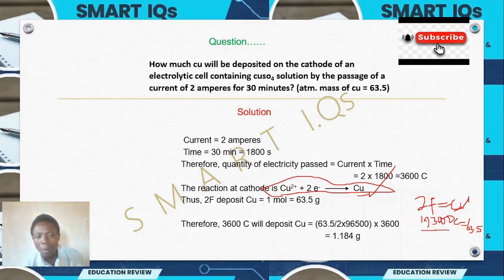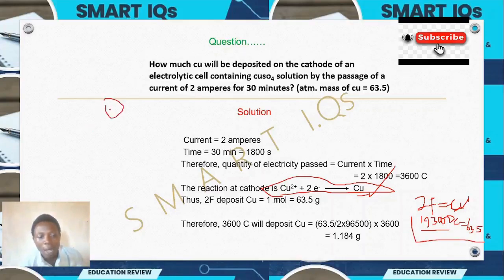So the question now is, what would be the amount of copper that will be deposited when a current of 2 amperes is made to pass through that solution of copper 2 tetraoxosulfate 6 for 30 minutes? Are we together? Now remember that. So let's skip this one. We are coming back, but let's come to this side now.